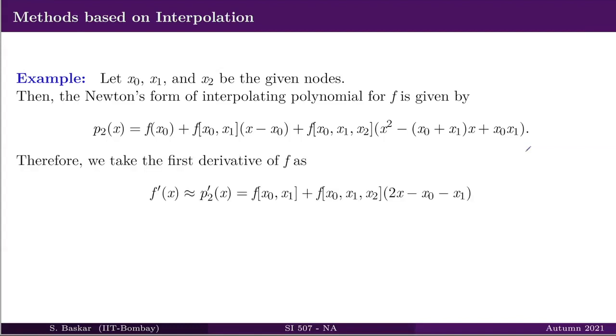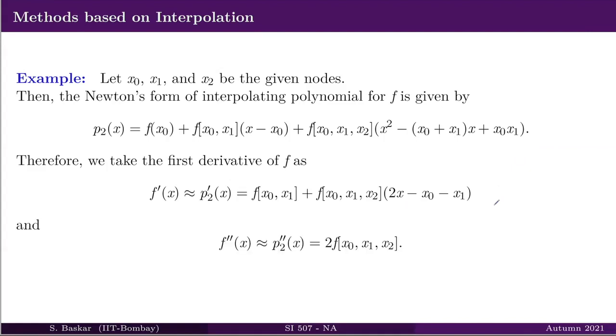Let us go on and try to approximate f dash from p2 of x. The expression for this formula is given by this, which is very clear. You just differentiate p2 with respect to x once, and you get this formula for f dash of x.